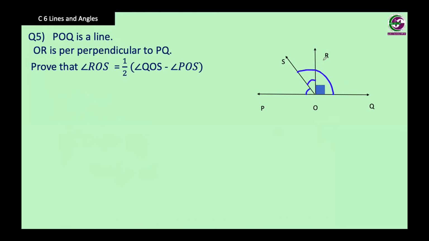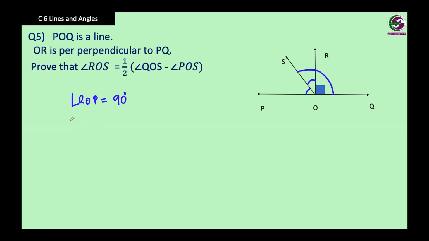We know angle ROQ is 90 degrees. So the other angle ROP is 90 degrees. Angle ROP is equal to 180 minus 90, which is 90 degrees. But how can you rewrite ROP in terms of ROS?